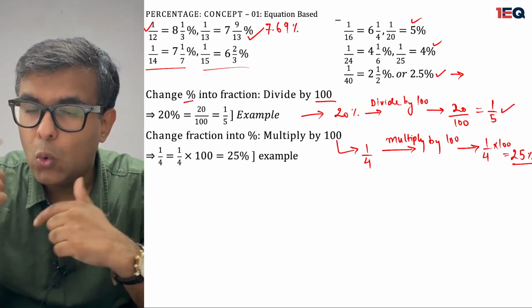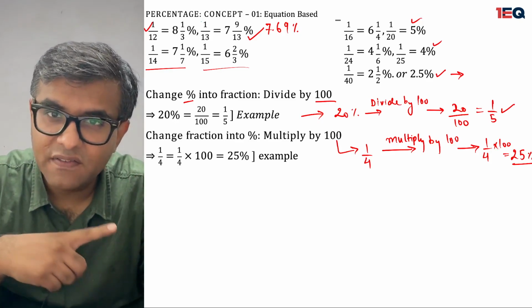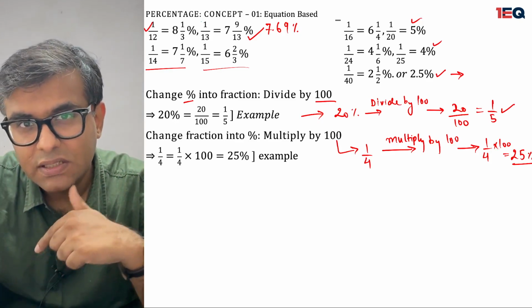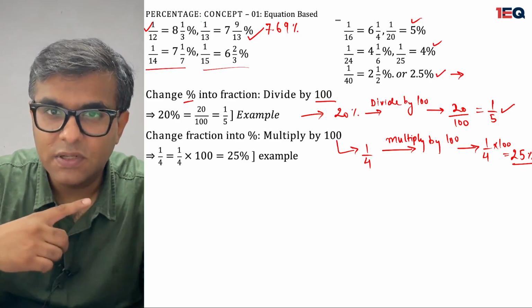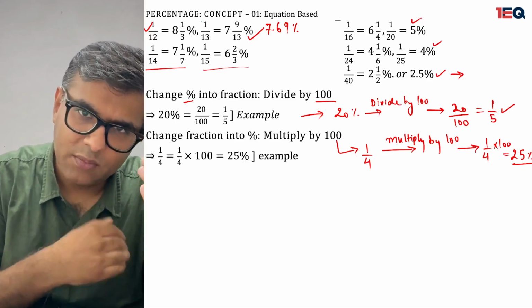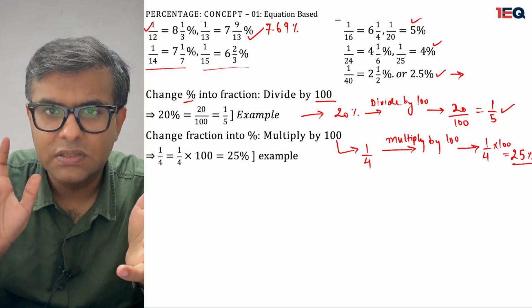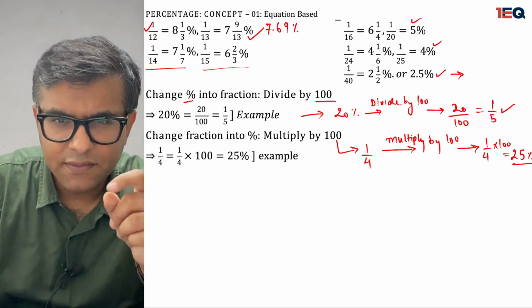You remember how 1 by 4 is equal to 25% and how 1 by 25 is 4%. So these are interchangeable. You let the percentage sign remain there, you pull the number down and put it to the denominator. You can exchange the numbers really well. I'll give you a few examples.